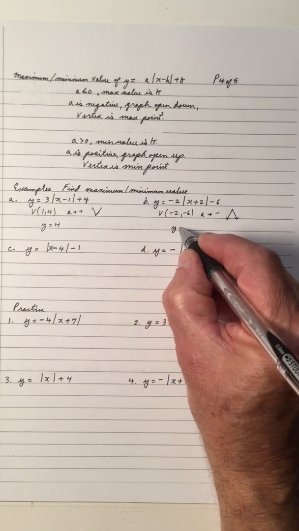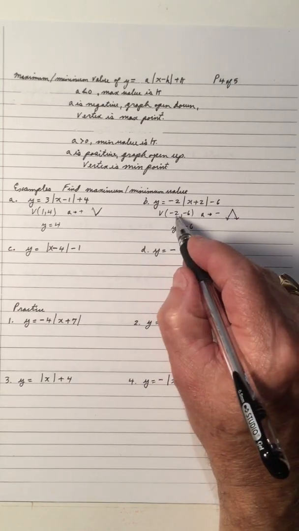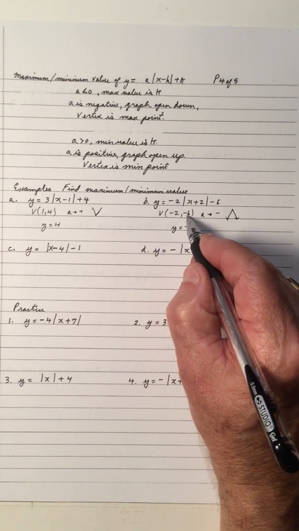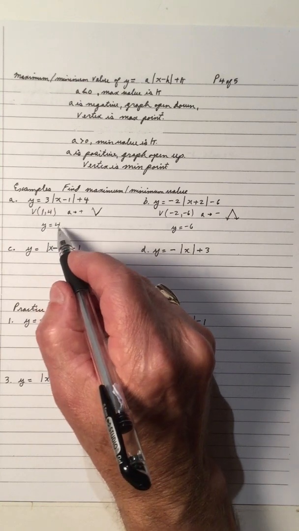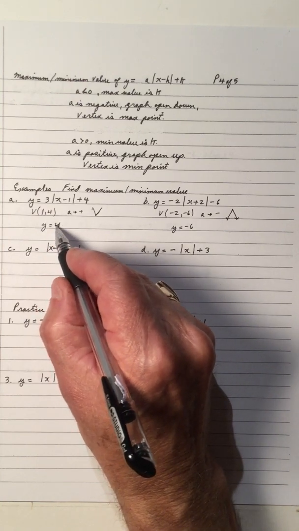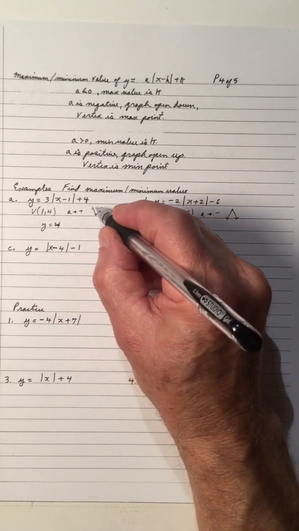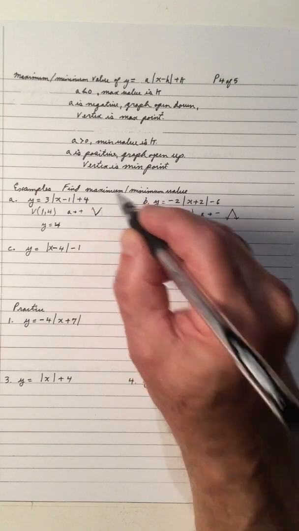So the maximum value is y equals -6. This point, (-2, -6), is the maximum point. This is the minimum point, (1, 4), and the minimum value of y is 4. There are more values higher than 4, but the lowest is 4.